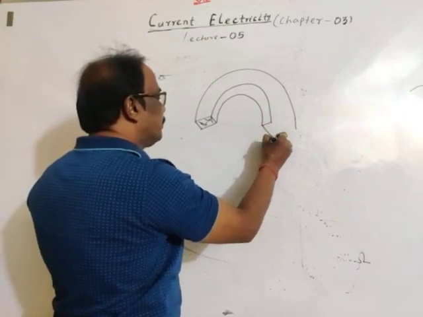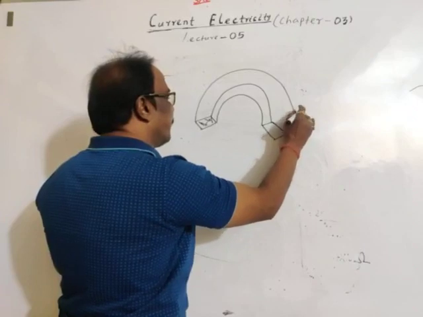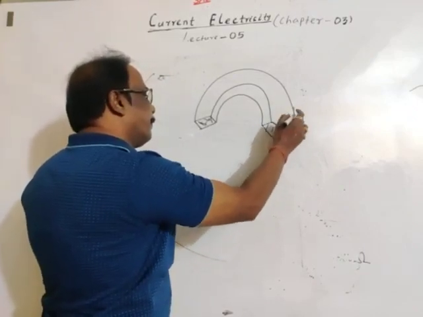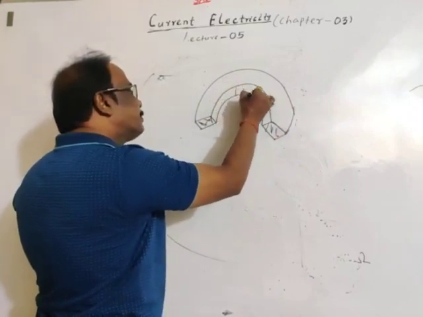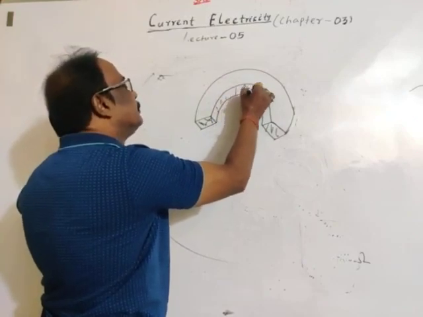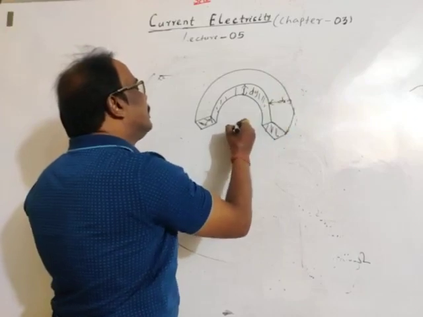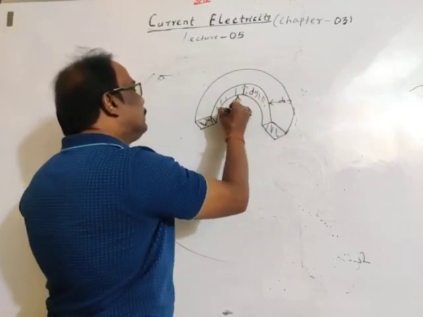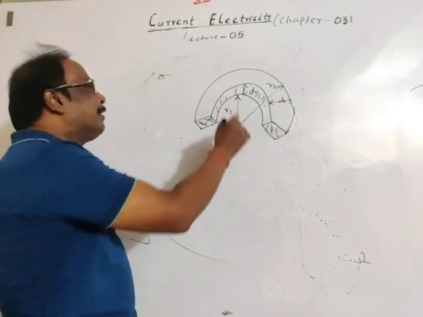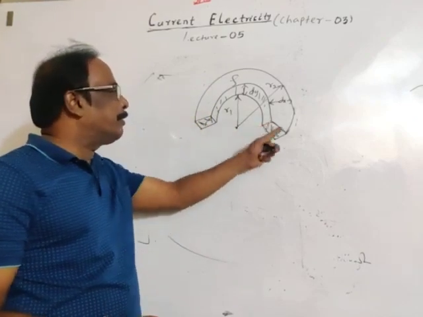Let this axial thickness be dy. This is the radial thickness, let it be dx. This is the center. Let the inner radius be r1 and the outer radius be r2. If resistivity is given, find the resistance between these two end faces.